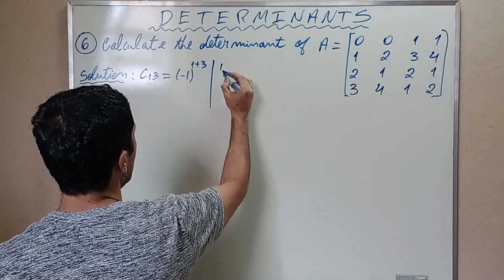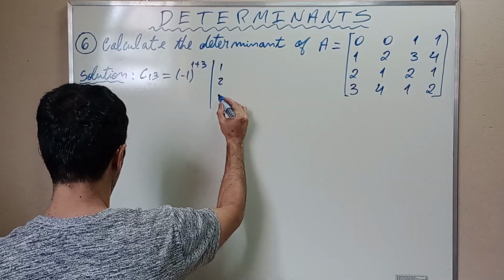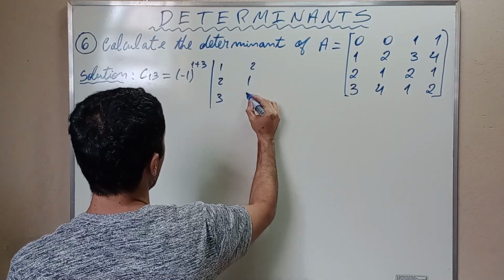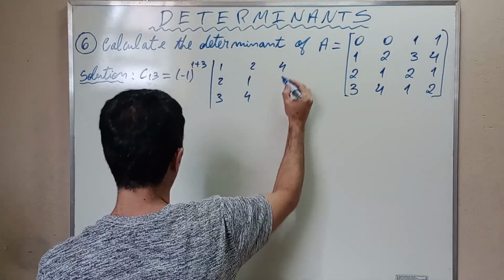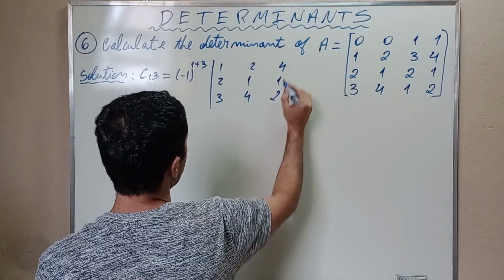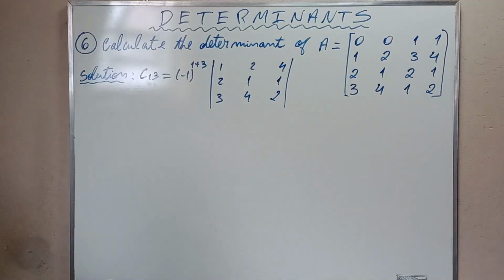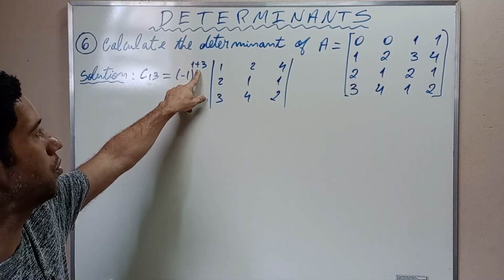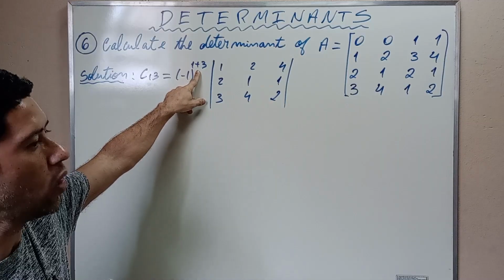So 1, 2, and 3, 2, 1, and 4, 4, 1, and 2, okay? Observe that -1 raised to the fourth is 1.